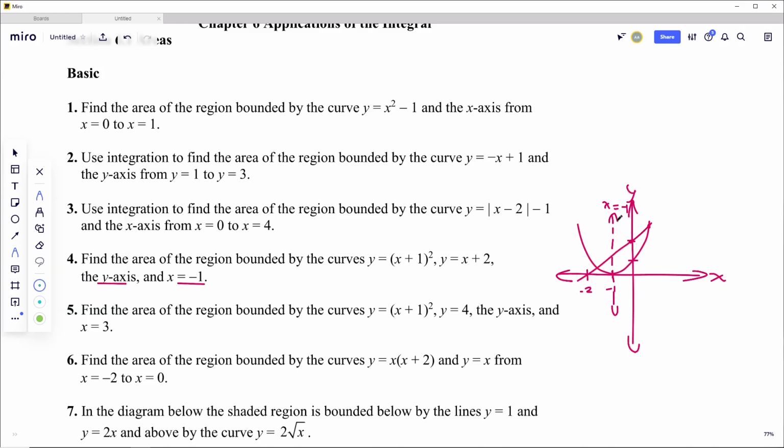Let's pick blue. So we want the area bound by this line here, satisfied. Y-axis, okay, satisfied. X plus 2, we can start to see the area. You can see it by now, so I don't have to do it slowly. So this is the area.